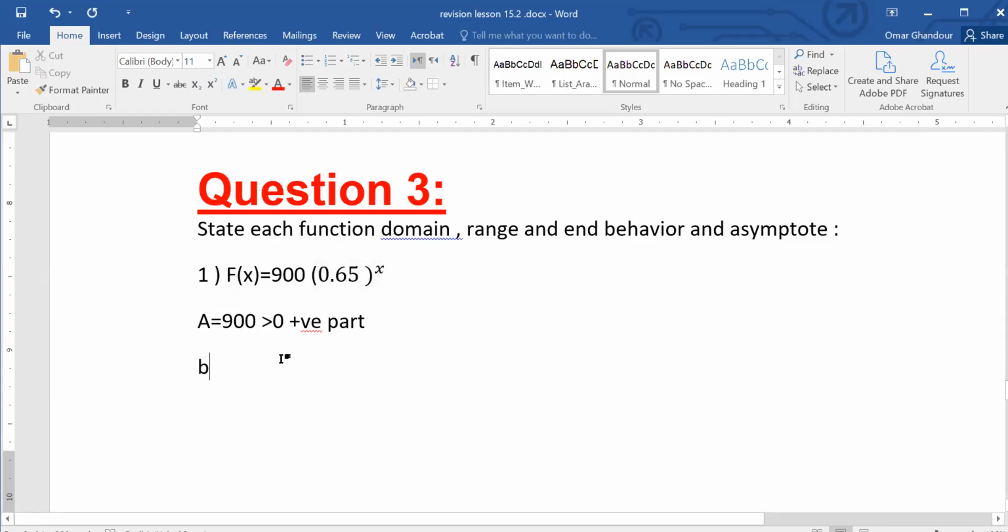So B is 0.65. Is this less than or greater than 1? It's less than 1. Since it's less than 1, so it's going to be decaying or increasing? It's going to be decaying. So I understood everything. Now I can graph it for myself. Let's try to graph it for us.